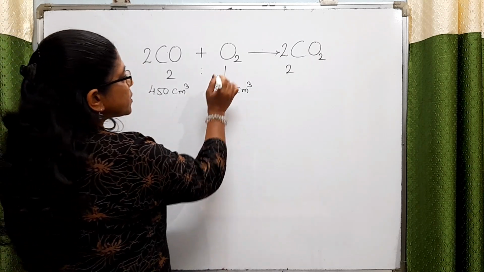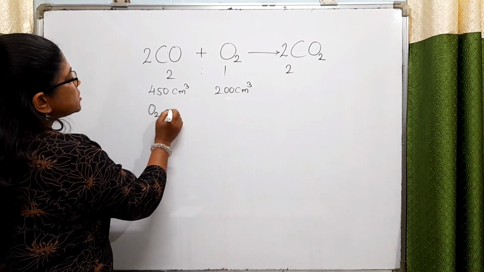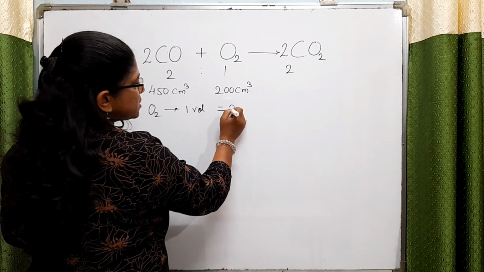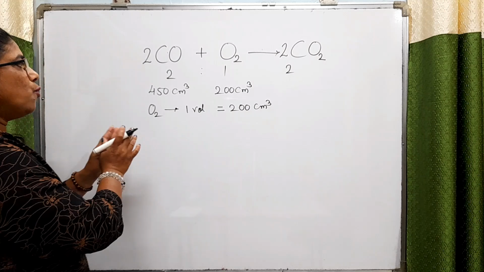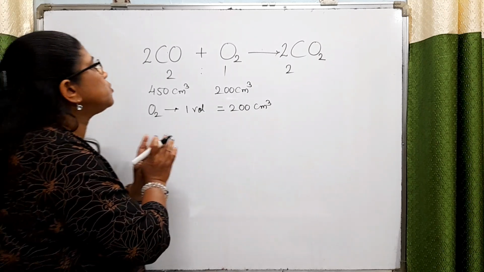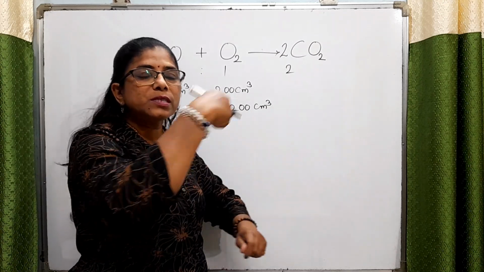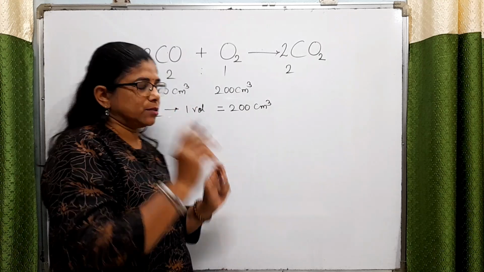Here oxygen, which is 1 volume, is equal to 200 centimeter cube. Now 450 centimeter cube of carbon monoxide is present here. But is this reaction going to use the entire 450 centimeter cube of carbon monoxide? Let's check this.